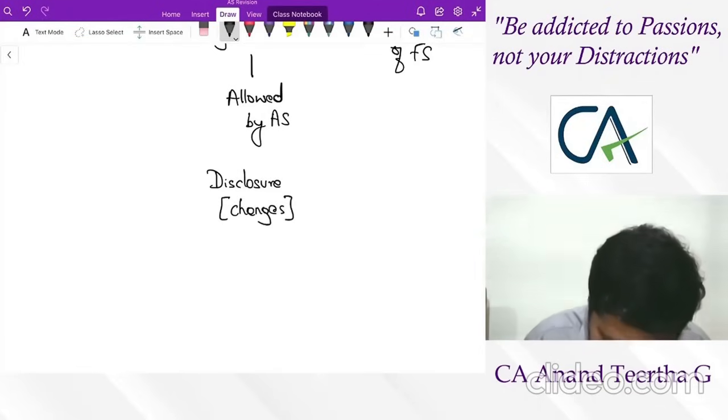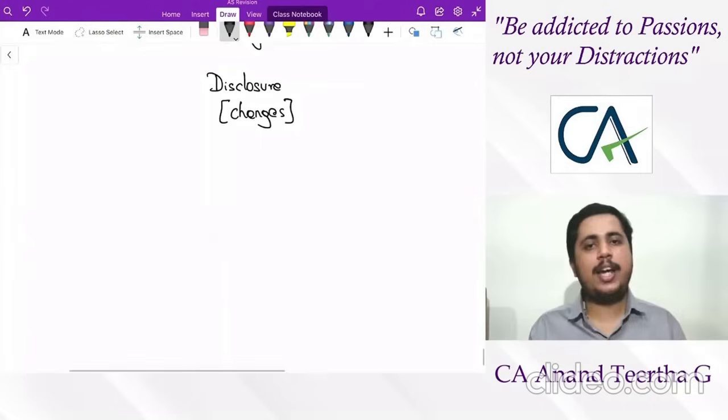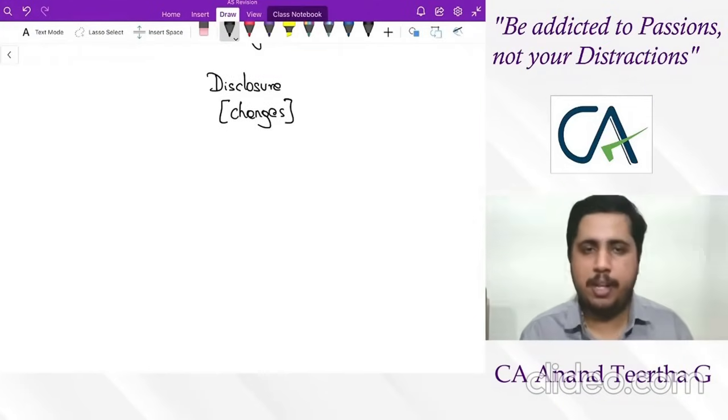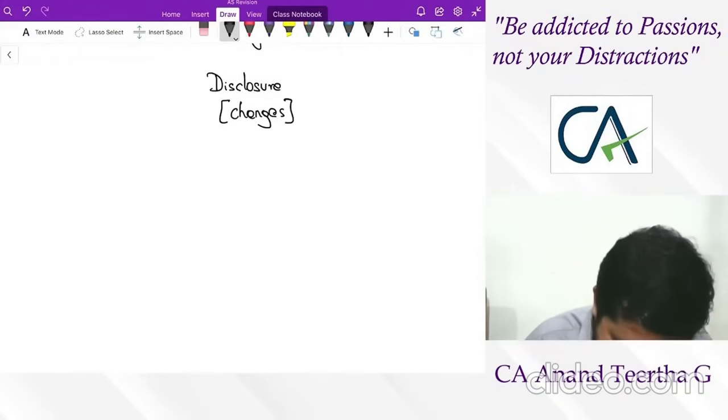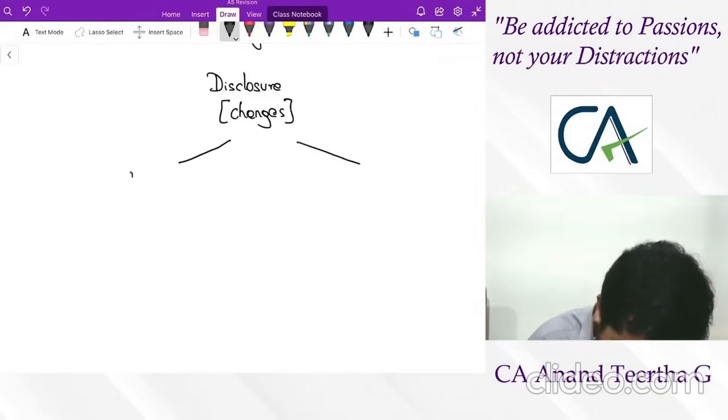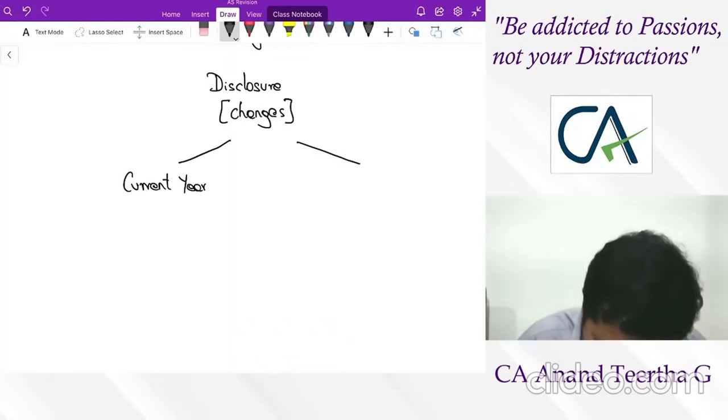So when there is a change in accounting policy, what type of disclosure is supposed to be given by any organization? Number 1, the impact lies only in the current year, and number 2, the impact is in the future years also.